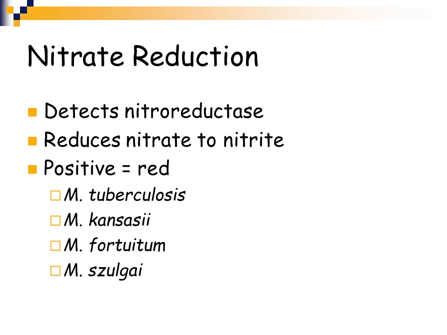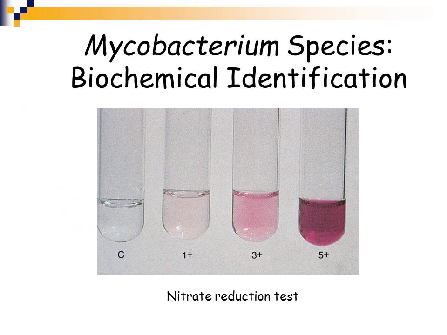So the organisms that are nitrate reductase positive are Mycobacterium tuberculosis, kansasii, fortuitum, and szulgai. So here's a typical nitrate reduction test where clear is negative, slightly pink is considered 1 plus, a little bit of enzyme produced, 3 plus, and a 5 plus is bright pink.